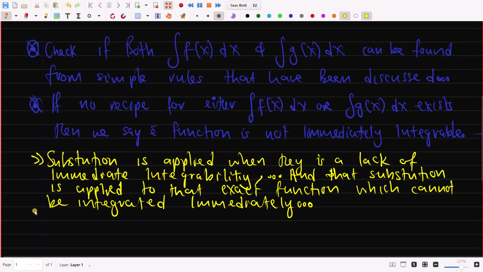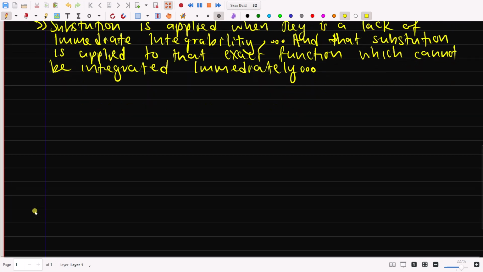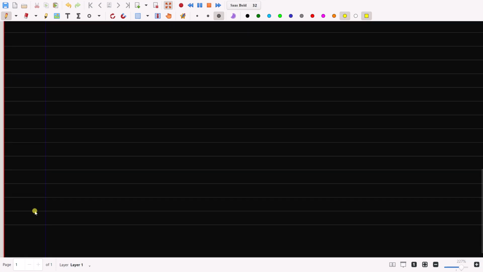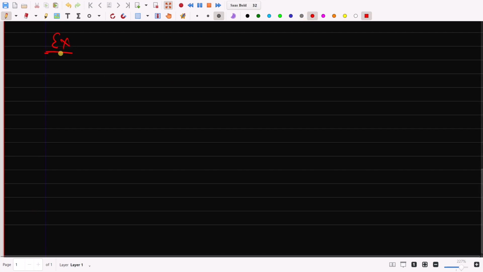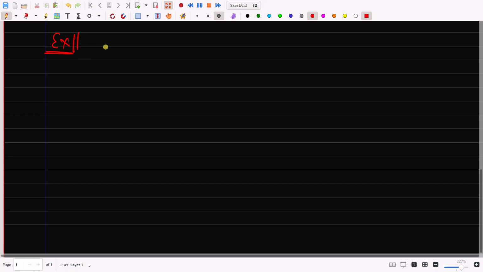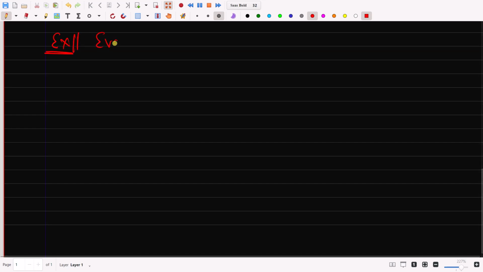So now what we're going to do is start looking at examples so that we can actually understand what we mean by all this discussion we've just laid down. To get a brief understanding, let's look at the first example.